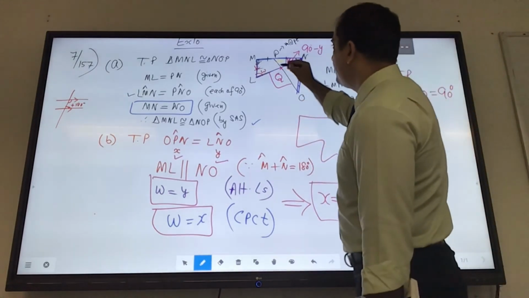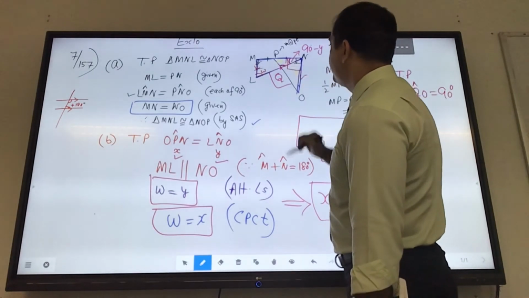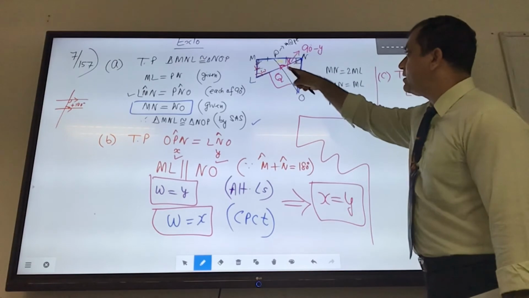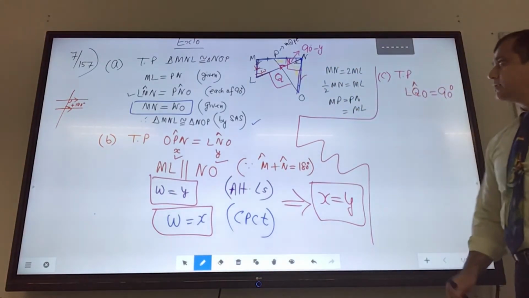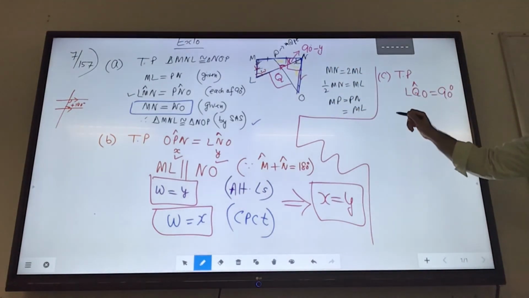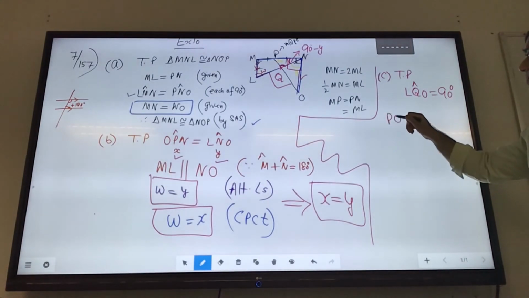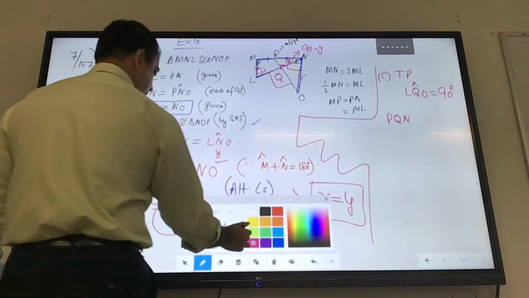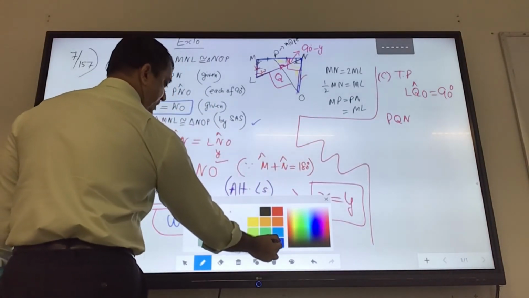Look at this angle. I mark it also. This angle. I want to find this angle which is PQN. So I write here angle PQN.